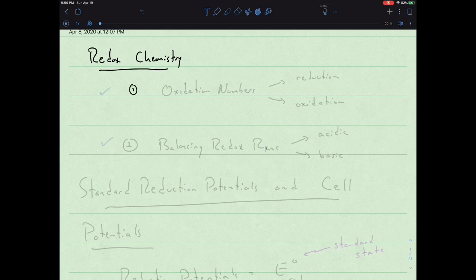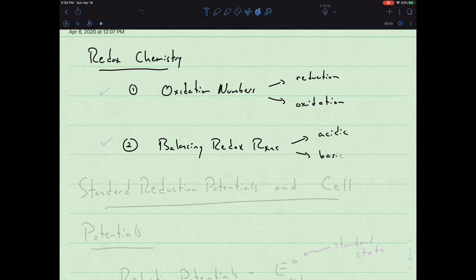We've already talked about oxidation numbers, the idea of reduction and oxidation, and we've also talked about balancing redox reactions, under acidic and under basic conditions.